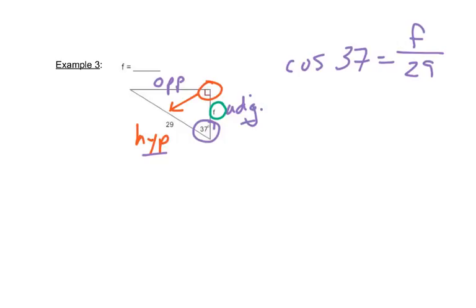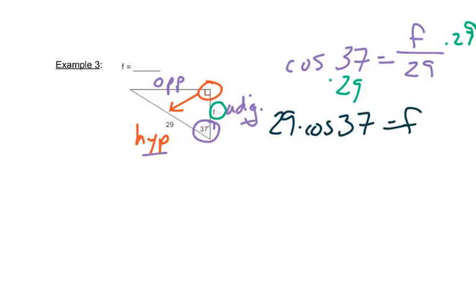This is F divided by 29, so we'll need to multiply by 29. So this is really 29 times the cosine of 37 to get F. And it's actually more accurate if we wait to type anything in until we have the letter by itself. And then we can type in all of this at once, and then you don't have to write a whole bunch of weird long numbers down either.